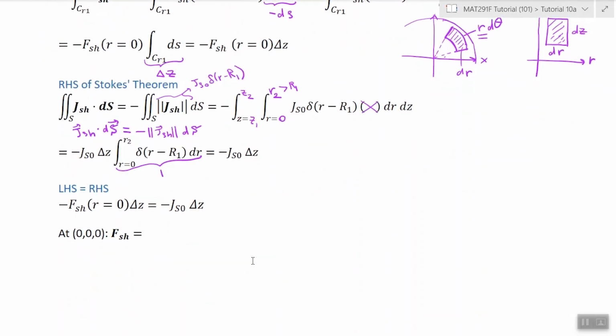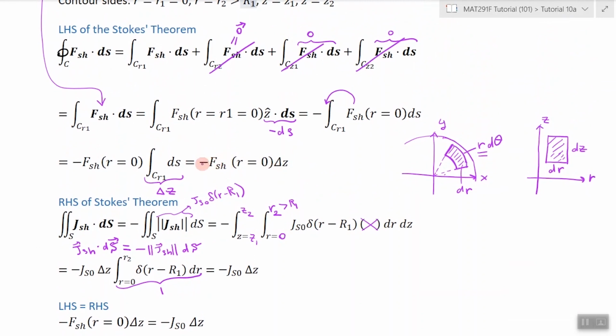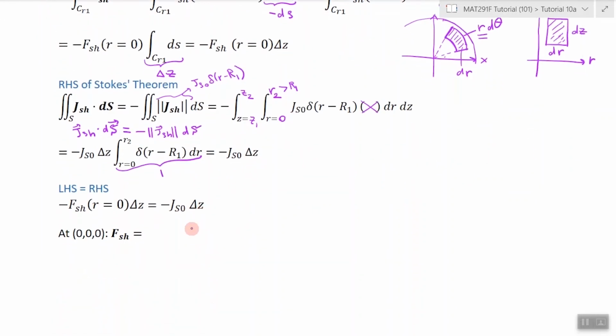The next step is to equate the left-hand side and right-hand side. The left-hand side we already solved for. It's right here. The right-hand side is here. This is just a copy of these two things. Then we are ready to solve for the field at the origin. So you see, origin means that our r equals 0, right?